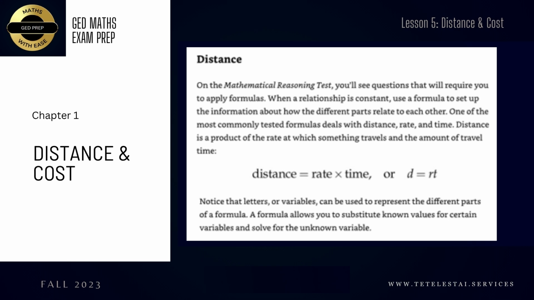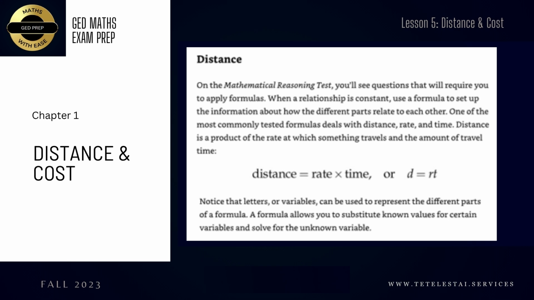So one of the most commonly tested formulas has to do with distance, rate, and time. Distance is the product of the rate at which something travels and the amount of travel time. So here again, we see that word product.